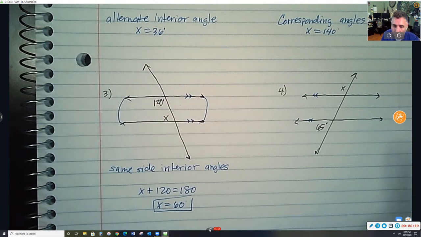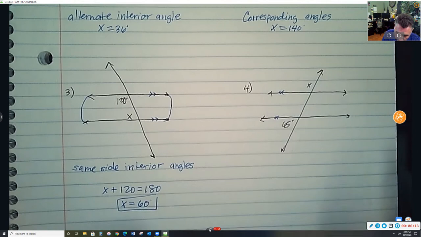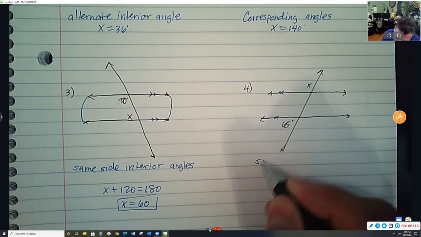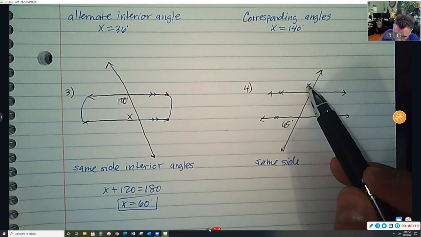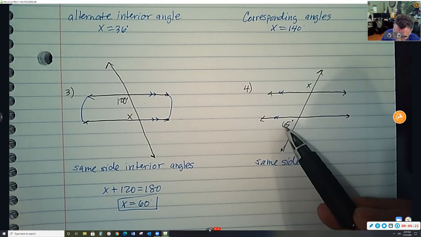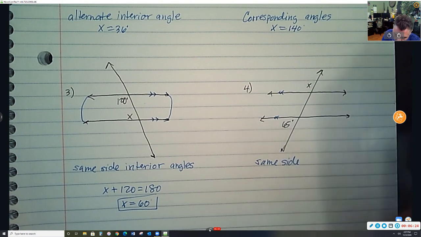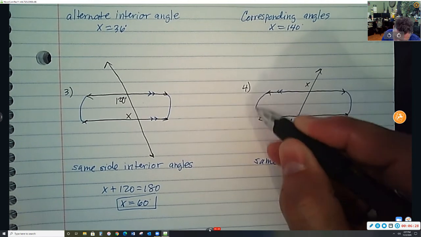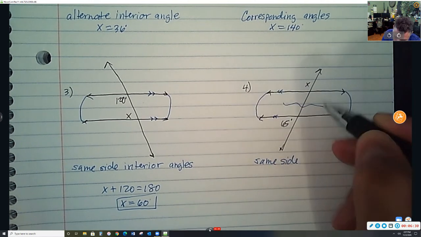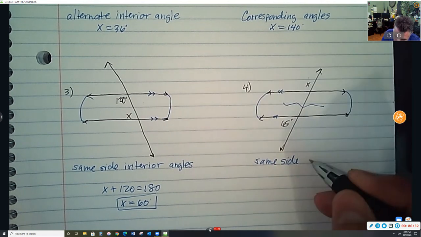Okay. It's the same thing if you look at number 4. Let me do number 4 real quick. Those are same side. Again, because this angle is on the left side of the transversal, 65 degrees is on the left side of the transversal, but they're both exterior. Right? This is interior, these are exterior.